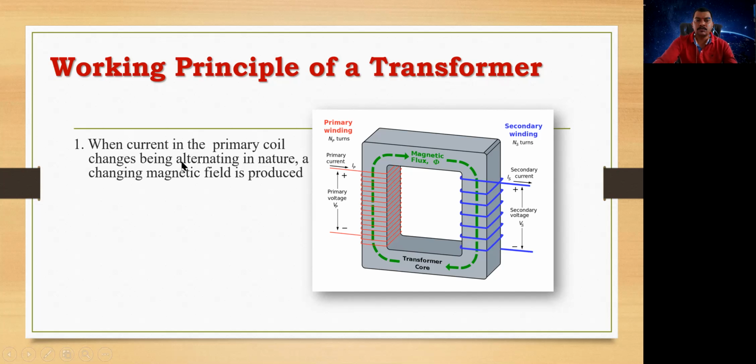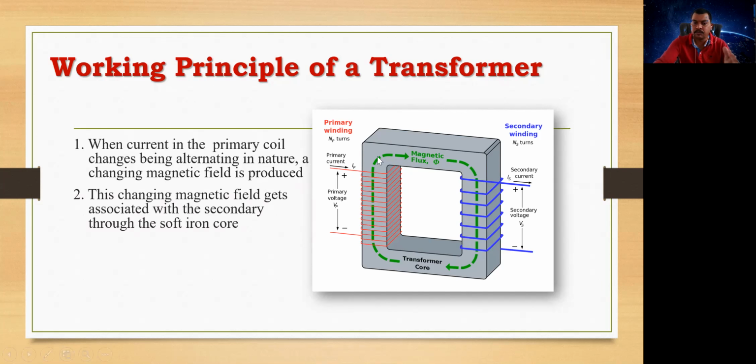This is the concept when the current in the primary coil changes, being alternating in nature, right? So whenever we pass alternating current through the primary coil, a changing magnetic field is produced. This changing magnetic field gets associated with the secondary through the soft iron core.